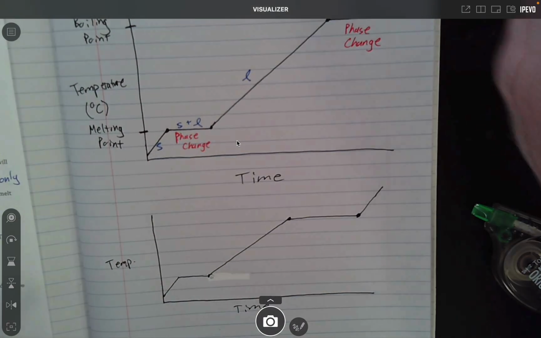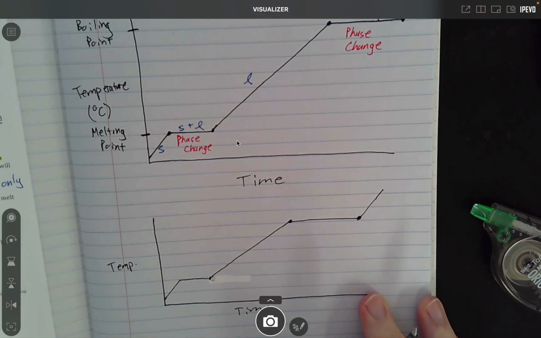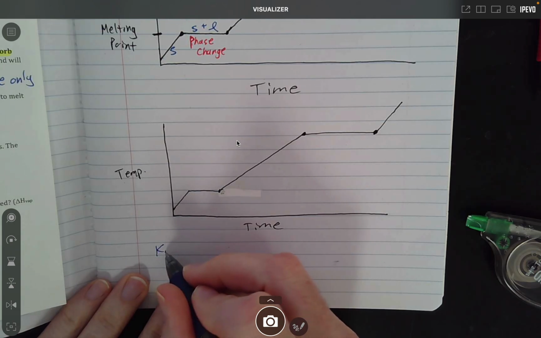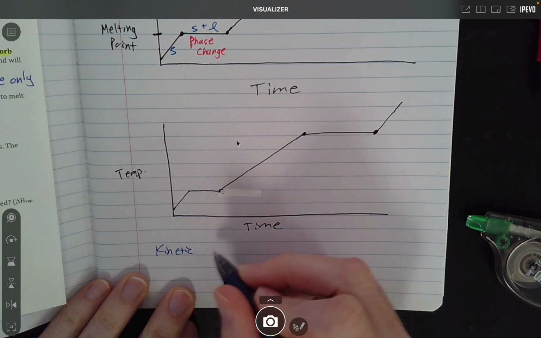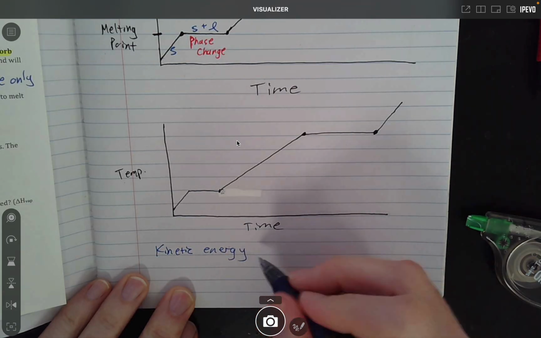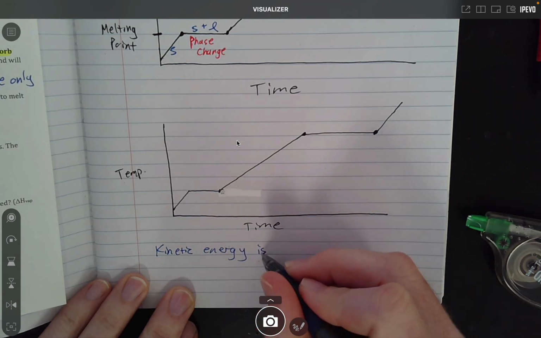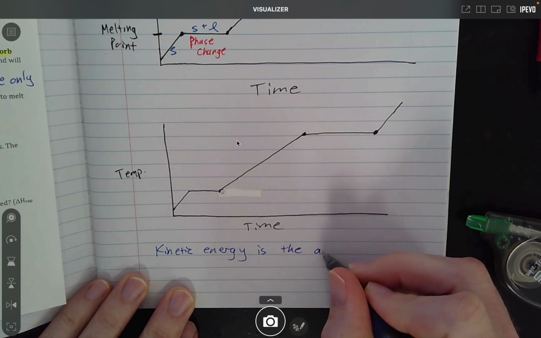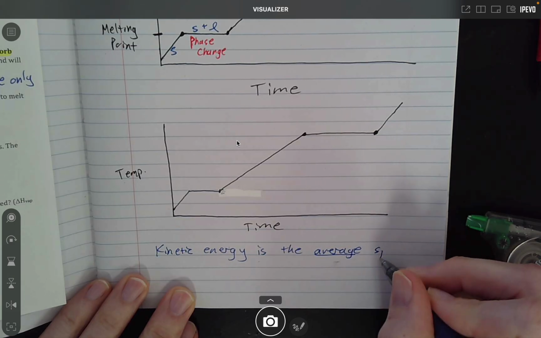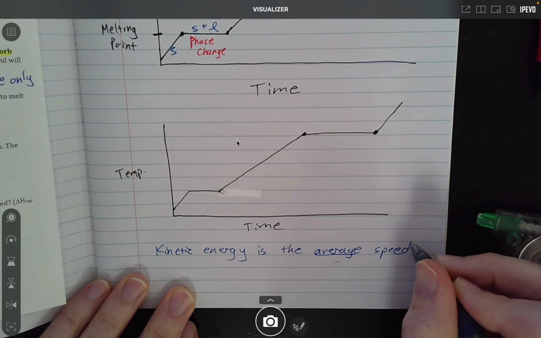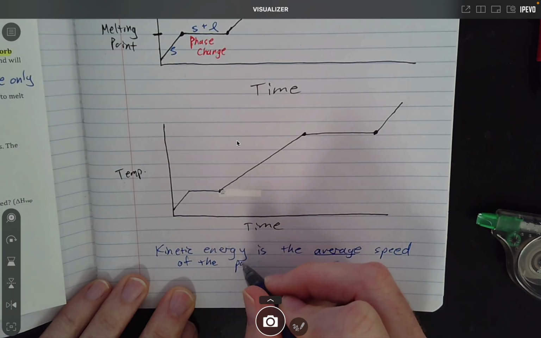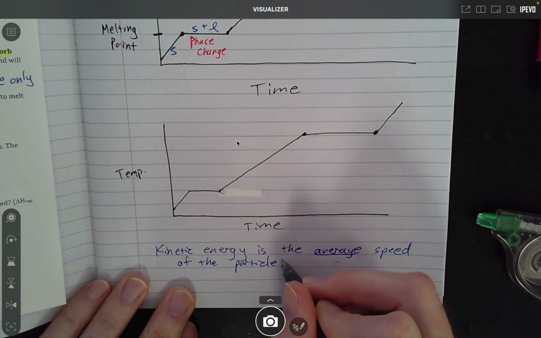Now, I want you to write this down. This is super, super important. The kinetic energy is the average speed of the particles, okay?